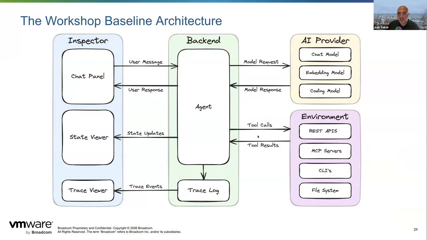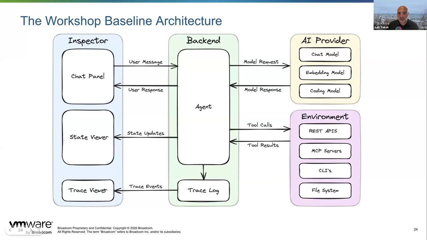So this is a quick architecture diagram of the code I'm about to show you. Basically, what we're going to deal with is we have a GUI, which is a Vue.js application that has a chat panel that can talk to a backend agent. But in this inspector, there's also a state viewer that lets you see the internal state of the agent.